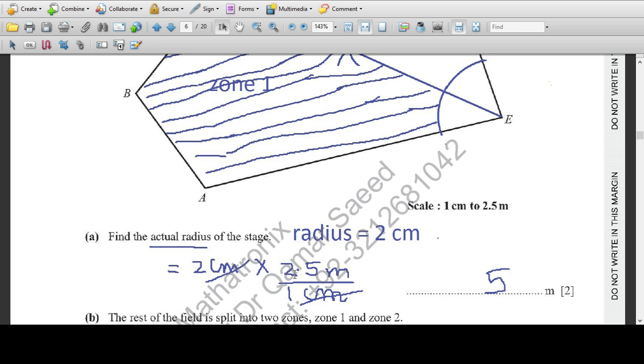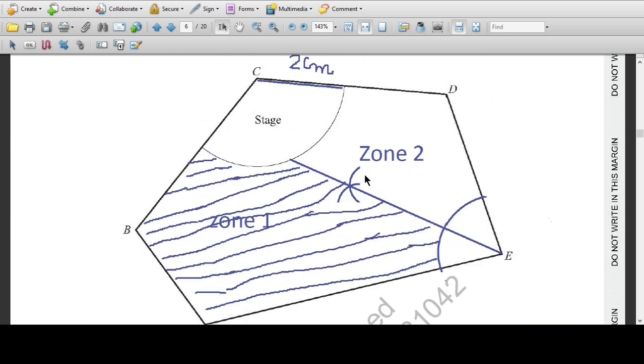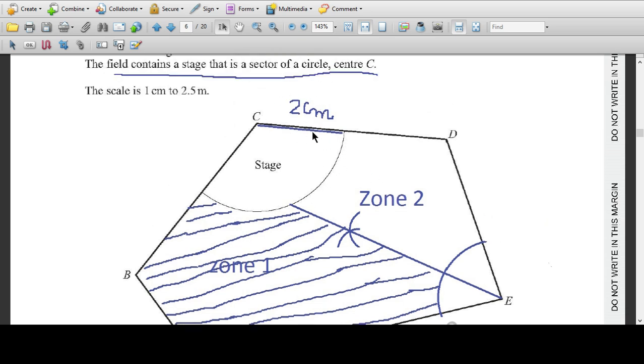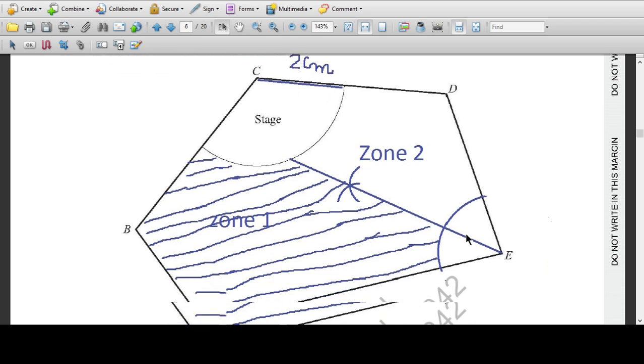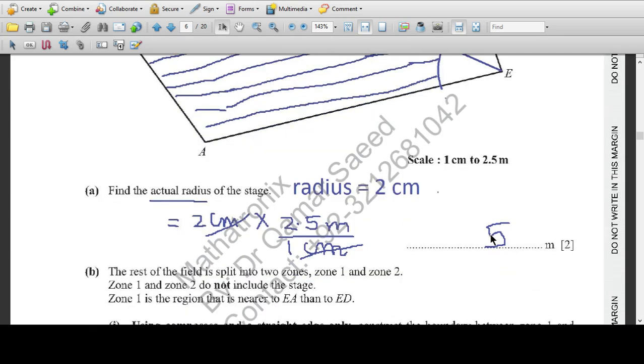The centimeters cancel out, and 2.5 multiplied by 2 is 5 meters. So this radius is basically 5 meters. I have just assumed it as 2 centimeters because this is an electronic copy. If it is different, then the answer may be different.